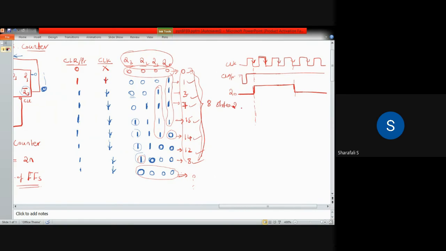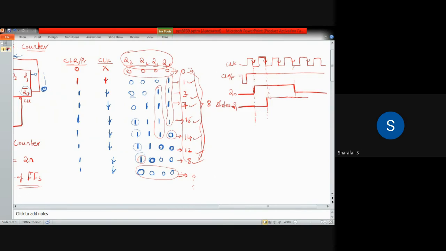And Q1, it is also 0 initially, and it becomes 1 at the second clock edge. So it starts from here. It becomes 1 for the next 4 clock pulse edges.